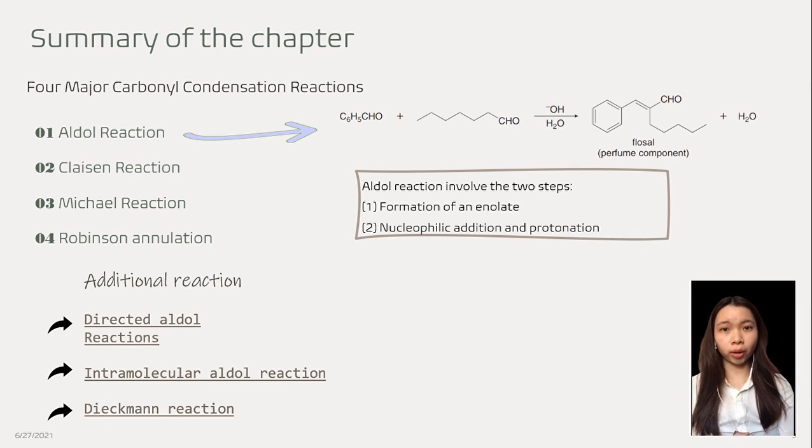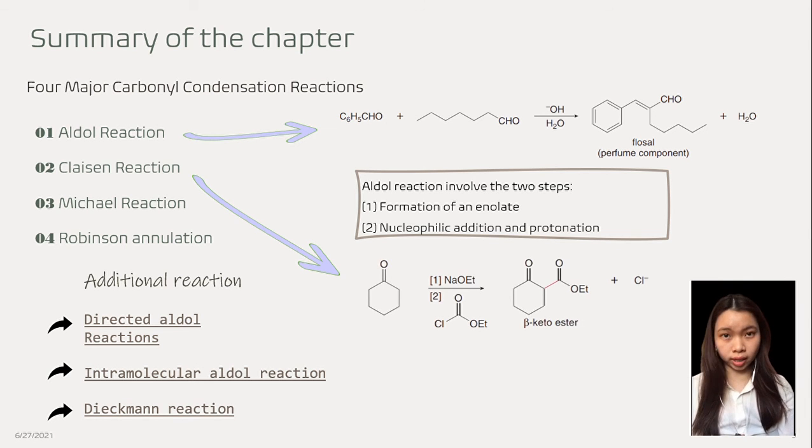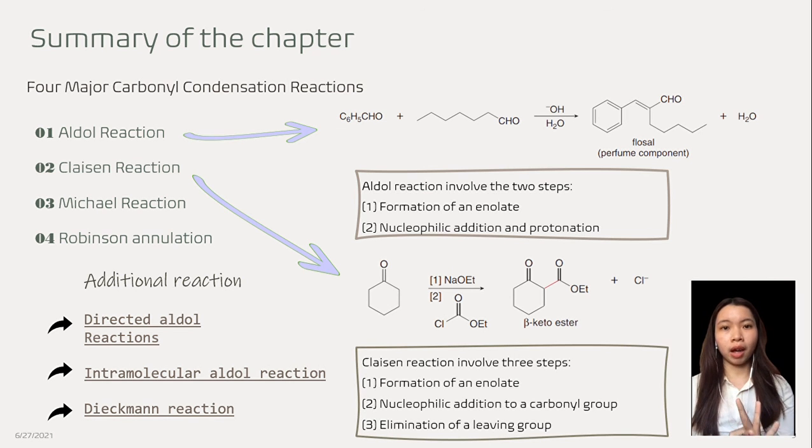Secondly, we learn about Claisen reaction, which involves the formation of beta-keto ester in the presence of a strong base. The mechanism simply involves three steps: first the formation of an enolate, second nucleophilic addition to a carbonyl group, and the third and last step is the elimination of a leaving group.